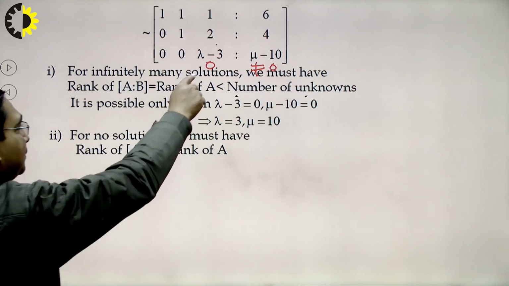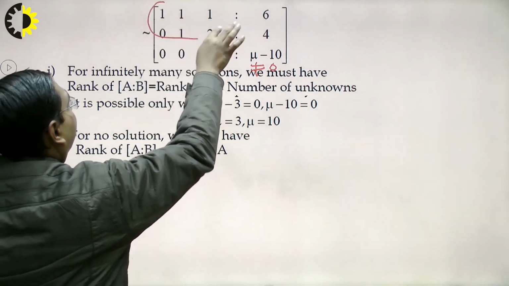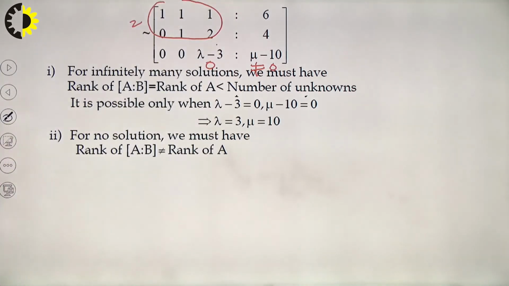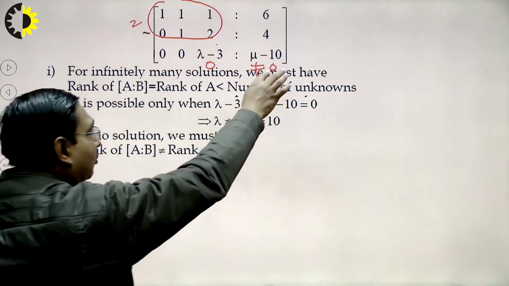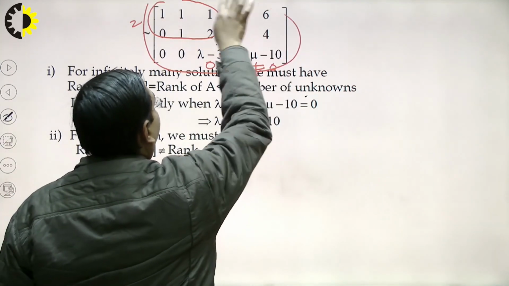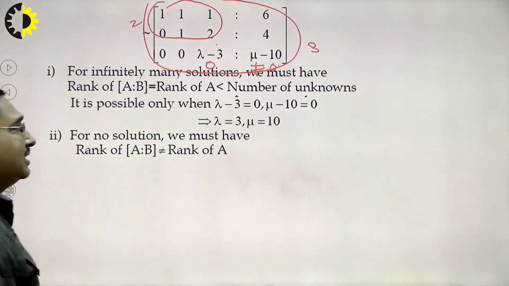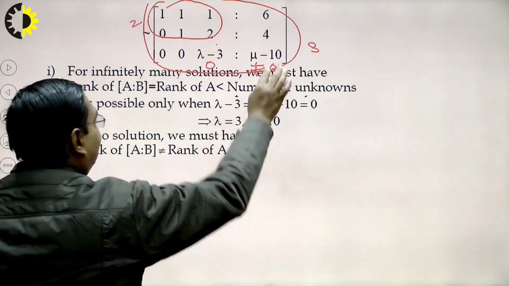Because if 0 is occurring at this place, then the rank of this part will be 2, because there will be only 2 non-zero rows, and if a non-zero is occurring there, then for the whole matrix the rank will be 3, because a non-zero element is occurring in the last row.